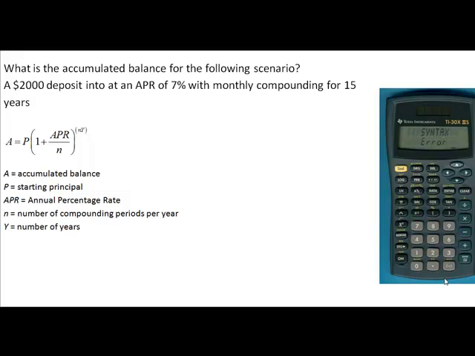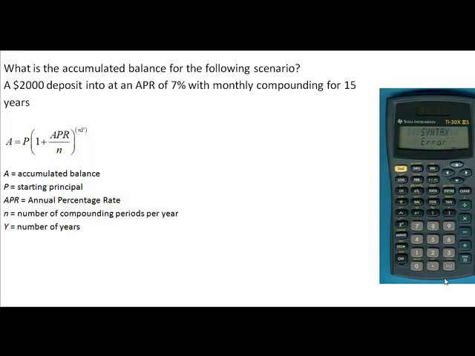The second is the annual percentage rate. For us, we have an annual percentage rate of 7%. That, however, we are going to have to turn into a decimal before we proceed. N stands for the number of compounding periods each year. Since we are compounding monthly in this particular problem, that will be equal to 12.